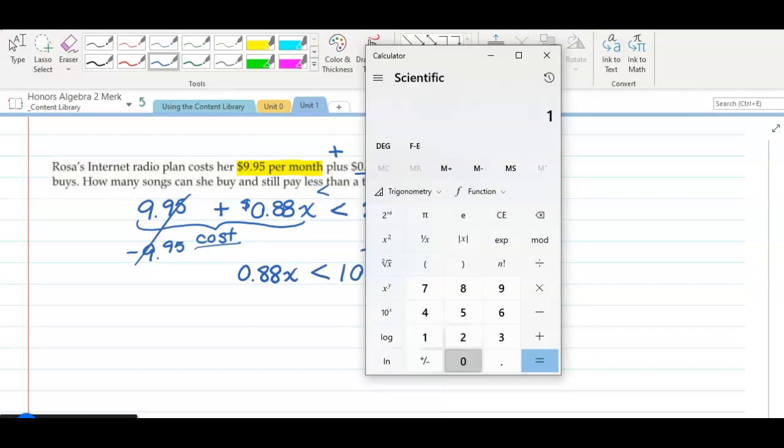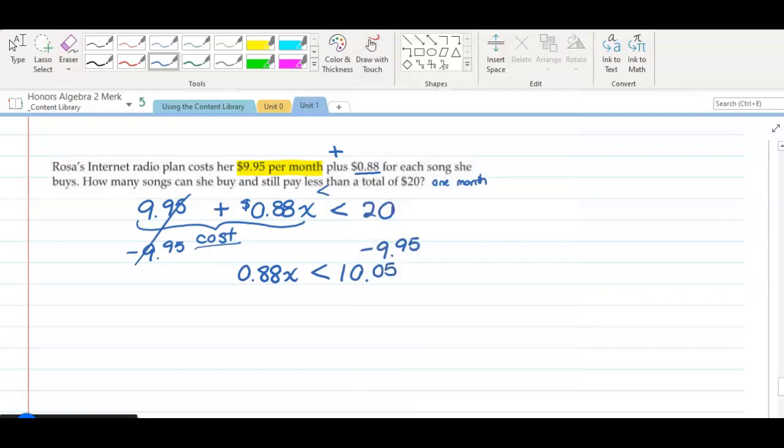We're going to do $10.05 divided by 88 cents. $10.05 divided by 88 cents gives 11.42.